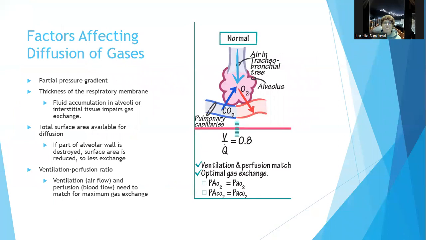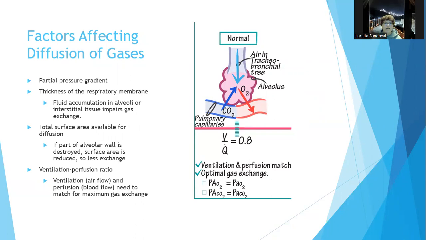So the factors that affect diffusion of gases: the partial pressure gradient, the thickness of the respiratory membrane. So if you get fluid accumulation in the alveoli, like you have pneumonia or you have pulmonary edema, that impairs gas exchange.